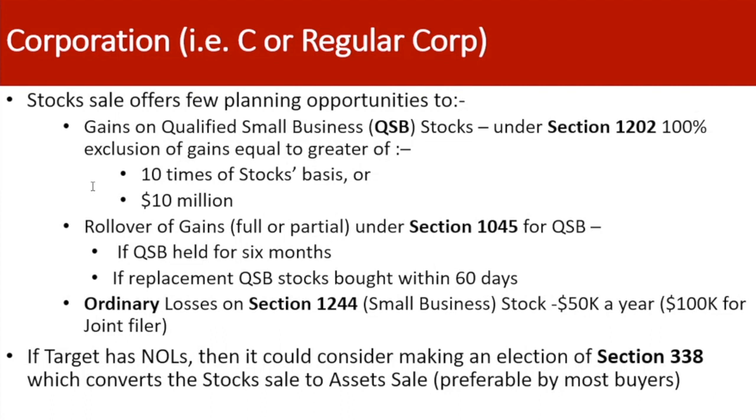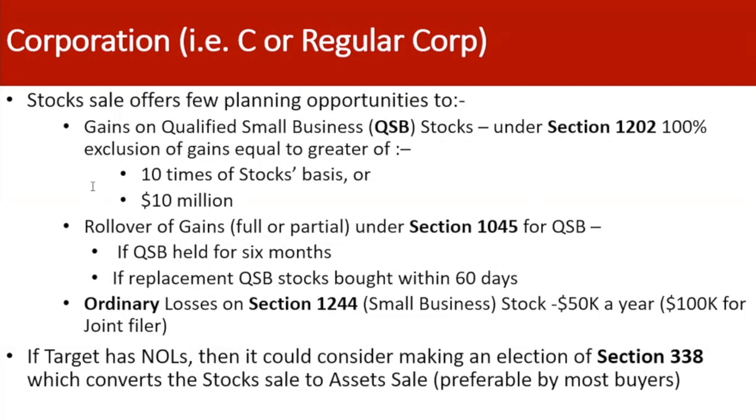Many times, especially in an exit transaction or a merger and sale transaction, the seller always looks for the sale of the stock because he or she has to pay tax only on the sale of the stock. There is no double tax. So they prefer sale of stock, whereas the buyer on the other side prefers the purchase of the assets, because if they purchase assets, then they can write off those assets over the next 15 years.